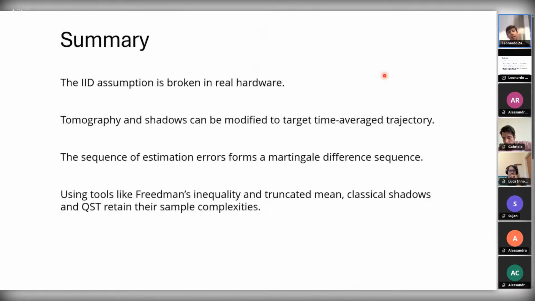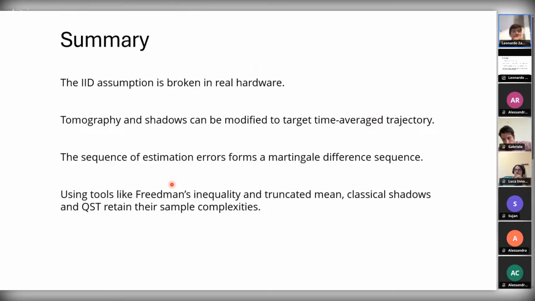As a summary of the presentation, the IID assumption is broken in real hardware. You have memory effects, drift, adaptive noise, and other things. Tomography and shadows and probably other estimation methods can be modified to target this average state, so we estimate properties of the average state of the experiment.